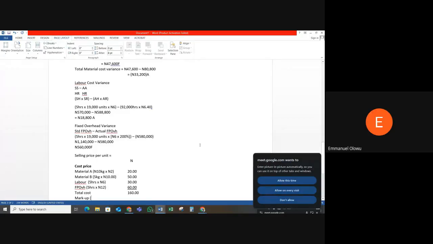It is 20 divided by 100 minus 20. So 20 divided by 80. 2 over 8 is 1 over 4. 1 over 4 is 25%.